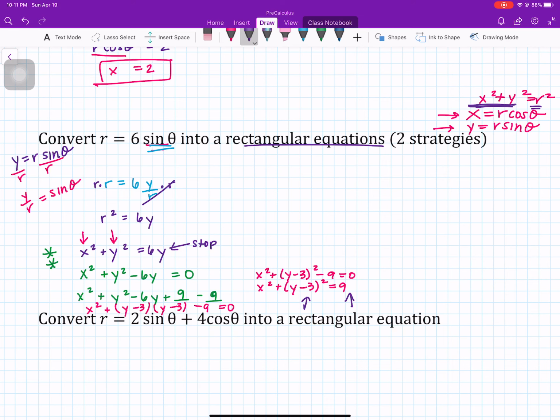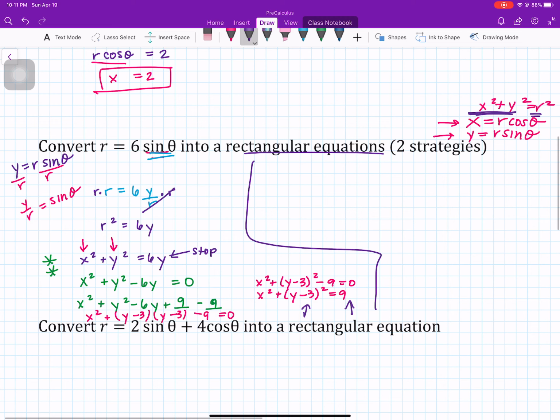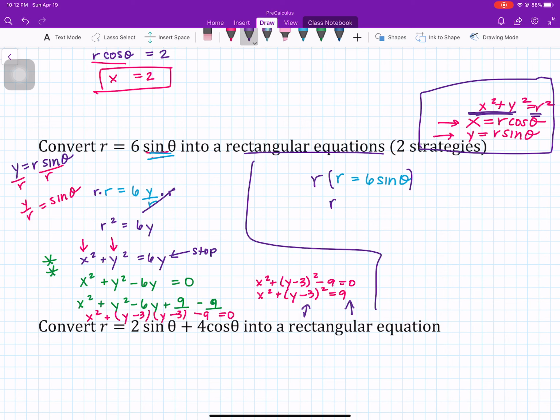All right, so that's one way to do this problem. I did want to show you another way that might be slightly more efficient. Some people like it. So if we start with our original, you currently don't have any of these perfectly. So what you can do, and what's always an option, is multiply both sides of the equation by r.